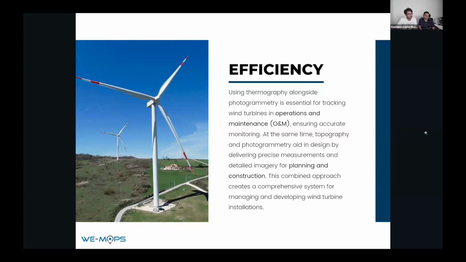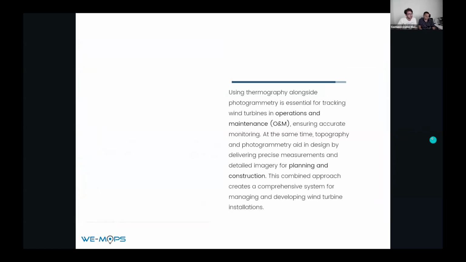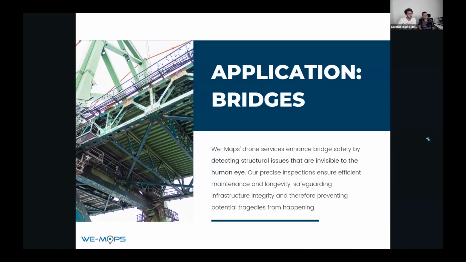And another very important example that I want to share with you is about bridges, because our inspections are very important to make sure that structures, crucial structures like bridges, are just fine.